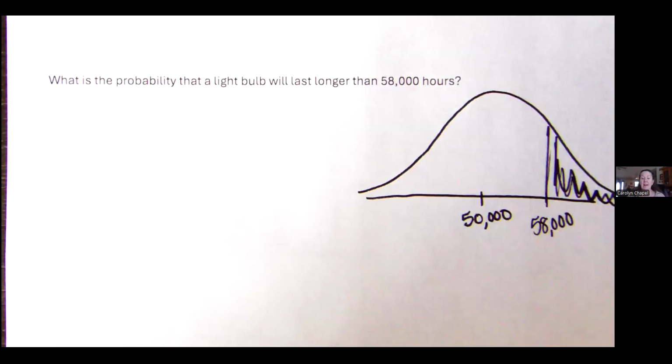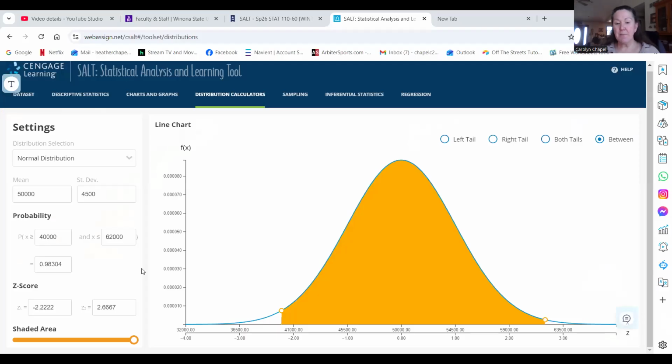And to find our answer, we once again go back to SALT. Getting tired of going back and forth, but it's just the way things are. So again, we're still using our 50,000 and the 4,500. We are doing a right tail. You'll notice it switched to above, and we are going bigger than 58.